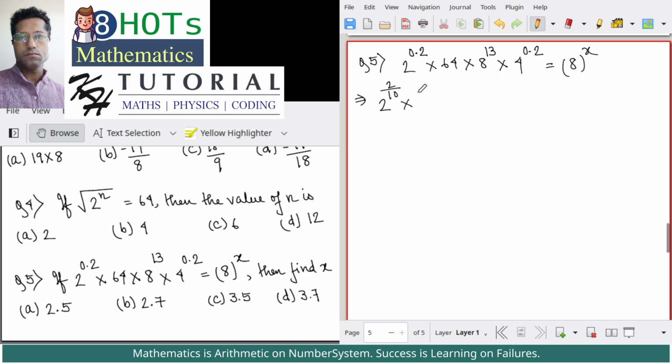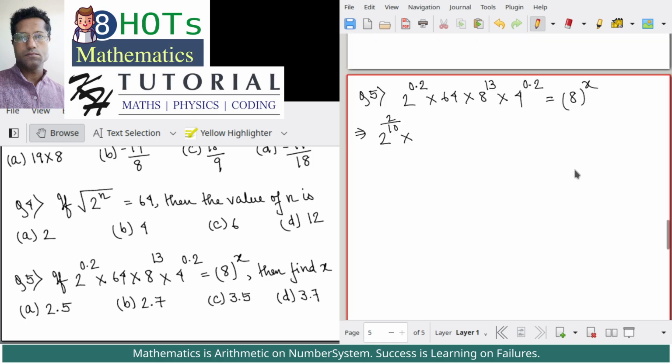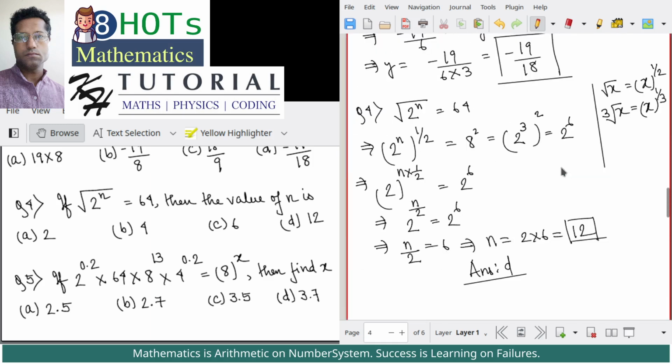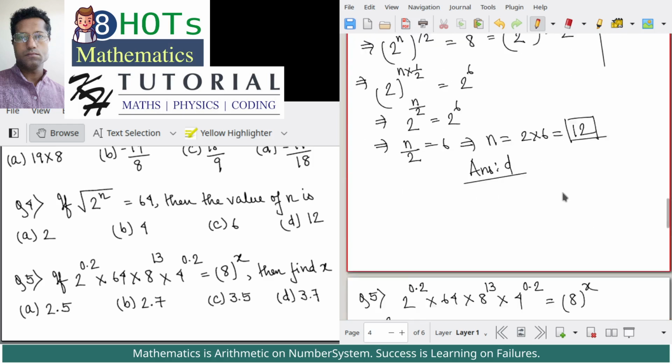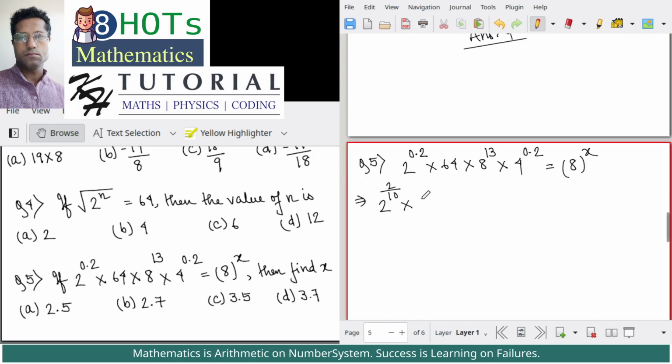We have multiplied by, now what is 64? 64 is 8 squared. In the previous example we saw 64 is 2 to the power 6. So 64 is 2 to the power 6, multiplied by 8 to the power 13. 8 is 2 to the power 3.